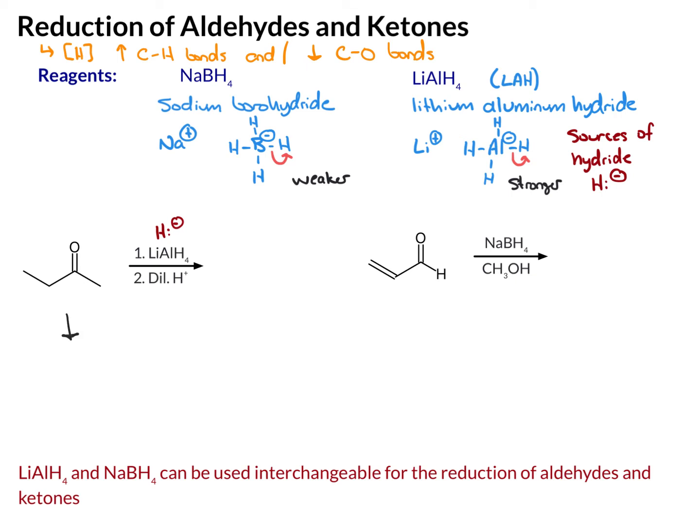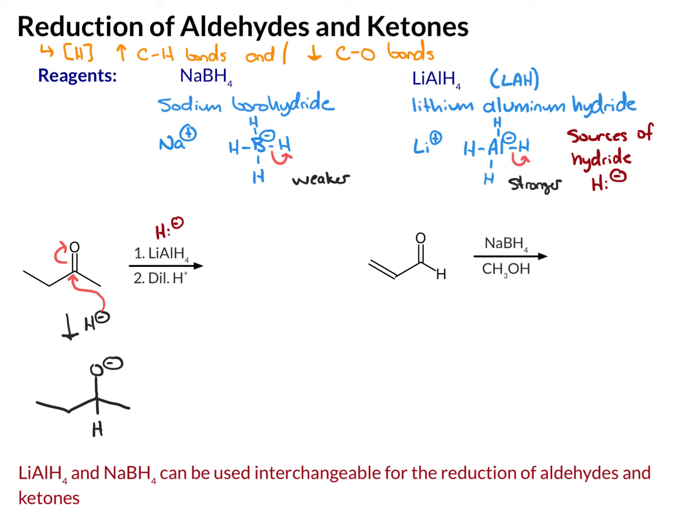When we add H-, that hydride acts as a nucleophile and adds to the carbonyl carbon, and then that will push a pair of electrons up onto the oxygen. Right, at this point, we have this negatively charged oxygen, and we're kind of stuck here.